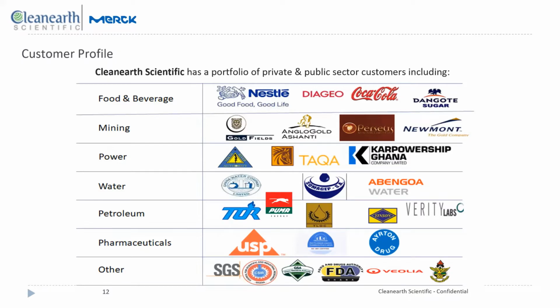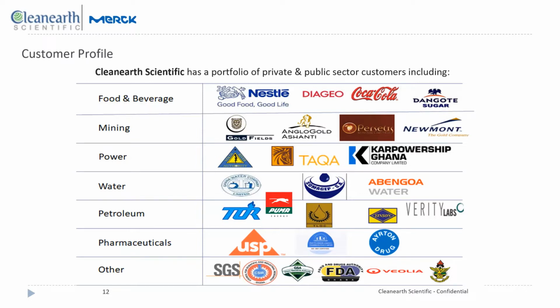And this is just some snippets of our customer profile. These are some of our notable customers: Nestle, Diageo, Coca-Cola, Dangote. Within the mines, we are proud to associate with mining TNCs like Goldfields Ghana, AngloGold Ashanti, Perseus, Newmont. Within the power, we have the likes of Karpower, Taka, VRA, etc. Ghana Water Company is our biggest client for the commercial water space.